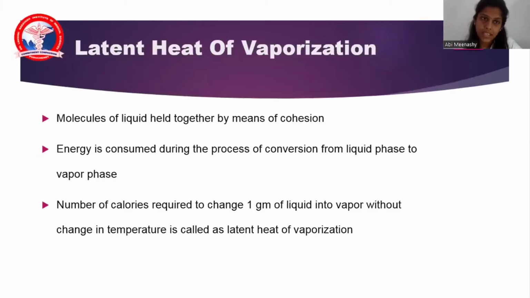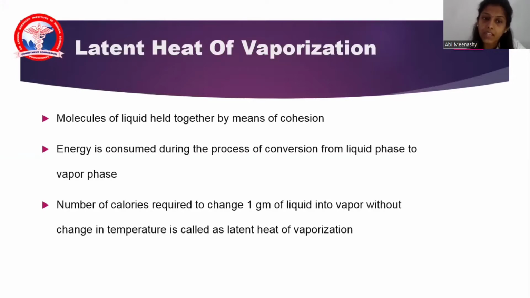Okay, next entity is latent heat of vaporization. Molecules of the liquid are held together by means of cohesion, so energy is consumed during the conversion from liquid to vapor phase. When a state of matter is being changed, some amount of energy is required for this conversion.